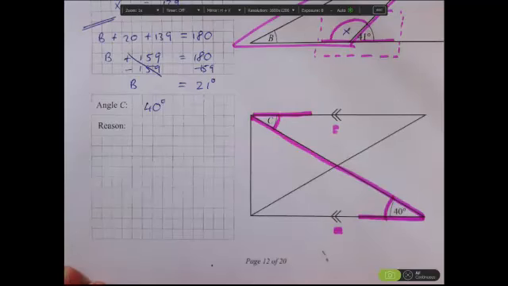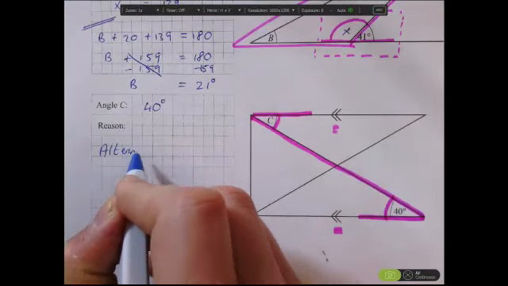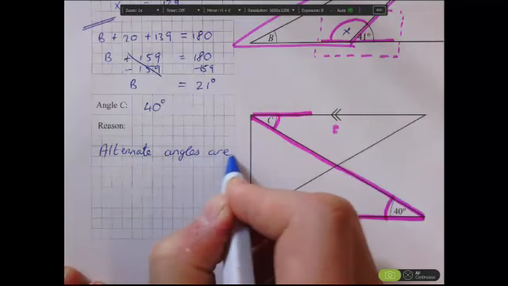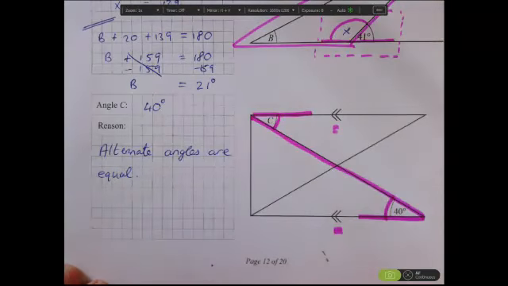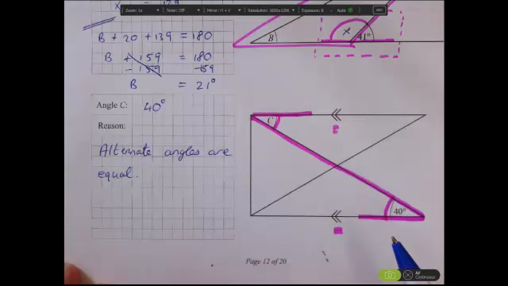The mathematical answer is alternate angles are equal. Whenever you see two parallel lines with a transversal between them, we can say that this angle and this angle are alternate.